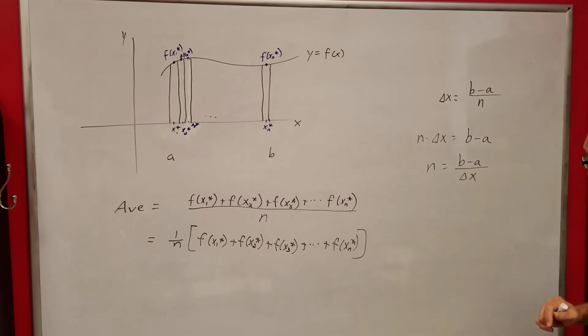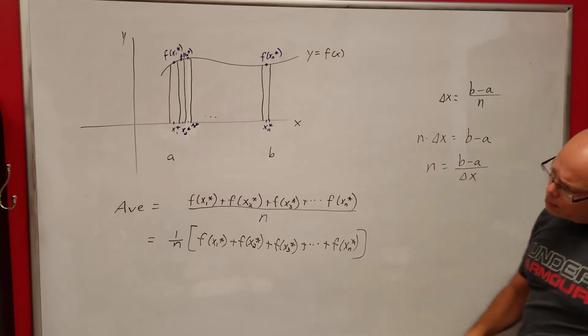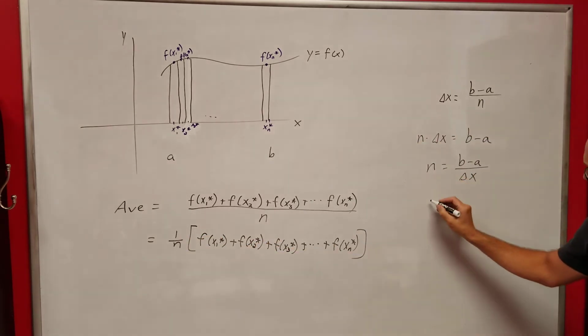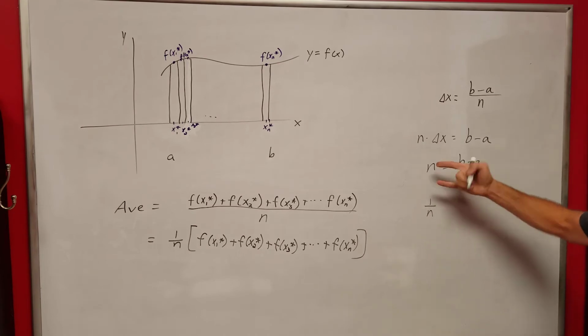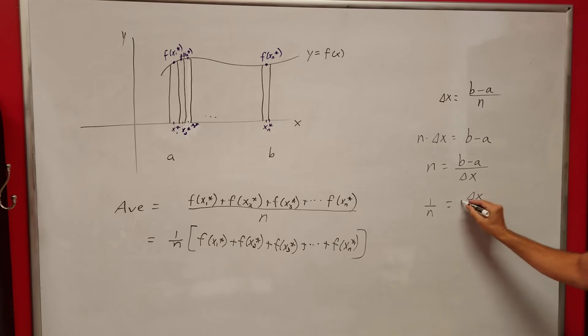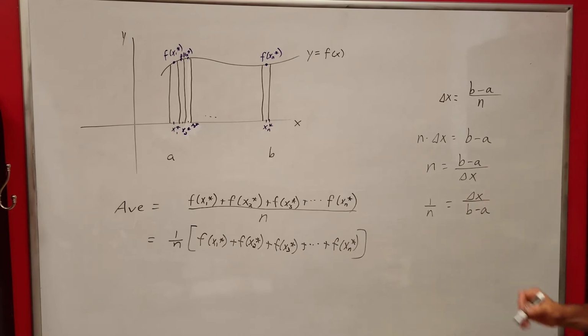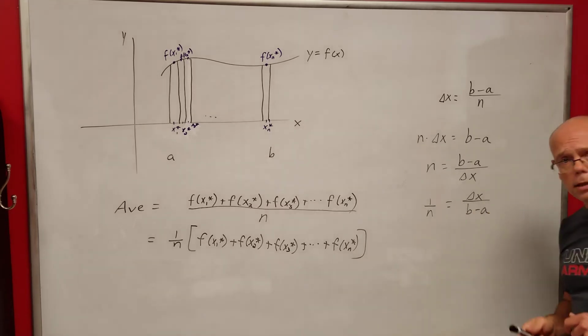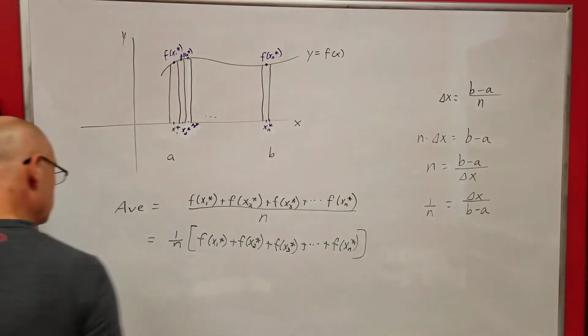So I solve for n there. But what if I want to go ahead and replace 1 over n over here? 1 over n is the reciprocal of that, so you get delta x over b minus a. So we can take 1 over n and replace it with delta x over b minus a. Let's do that.